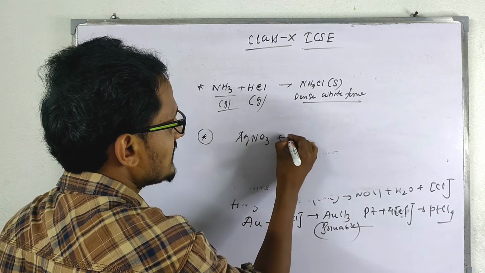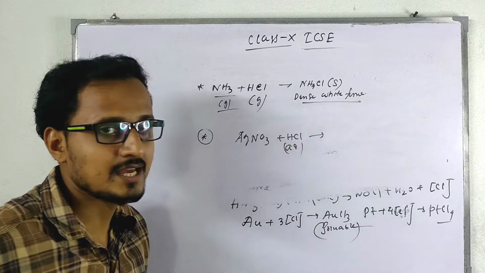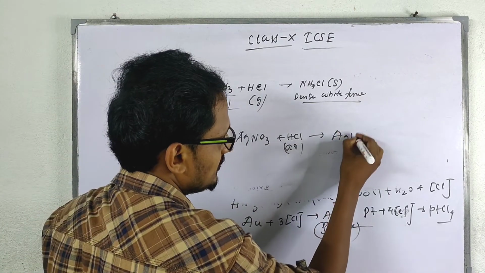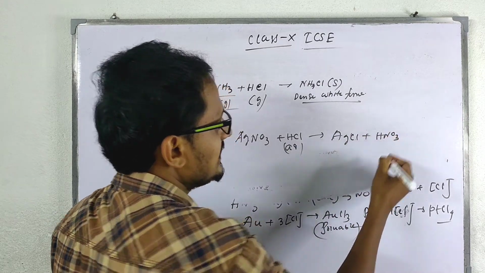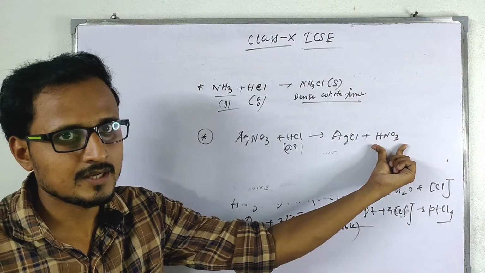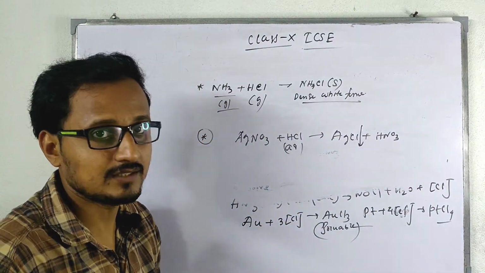When silver nitrate is added to aqueous HCl, that is hydrochloric acid, it forms a precipitate of silver chloride with the formation of nitric acid. Now, what is the color? Already we have done that.